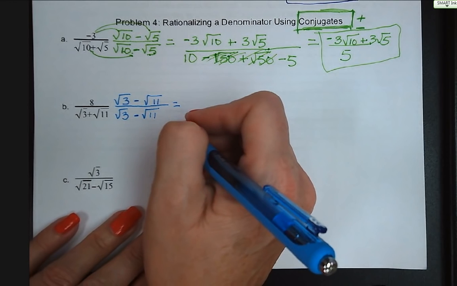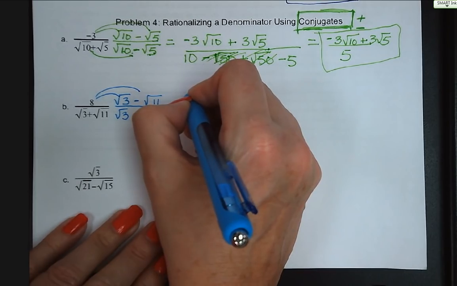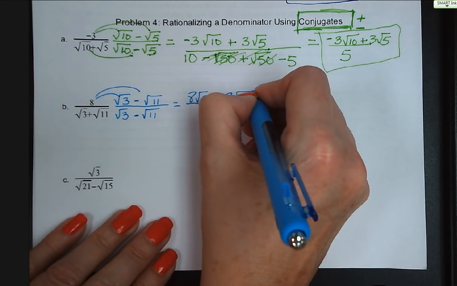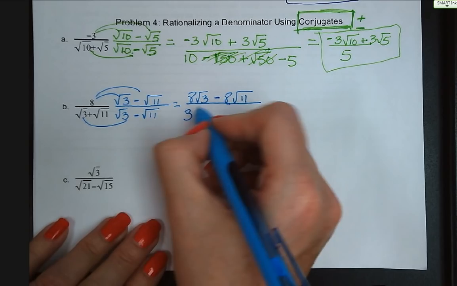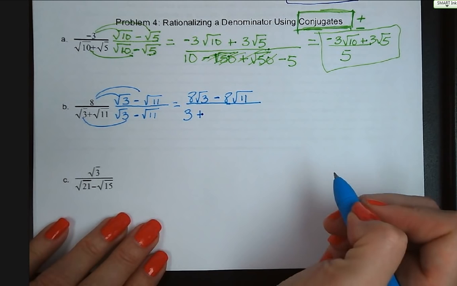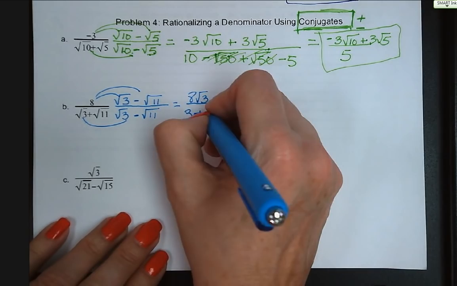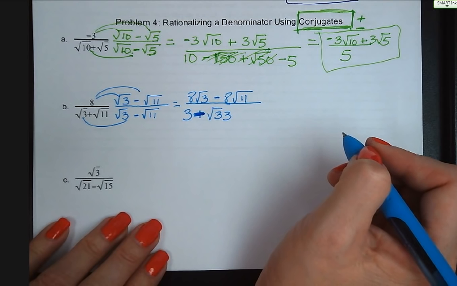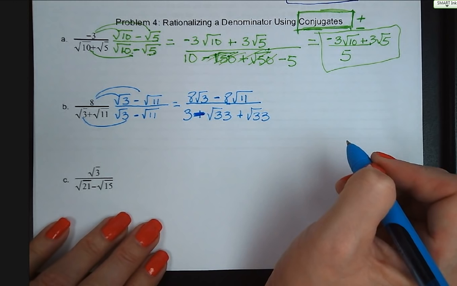All right, so we get 8 root 3 minus 8 root 11 over 3 minus square root of 33 plus square root of 33. I just didn't show that step. Minus 11.